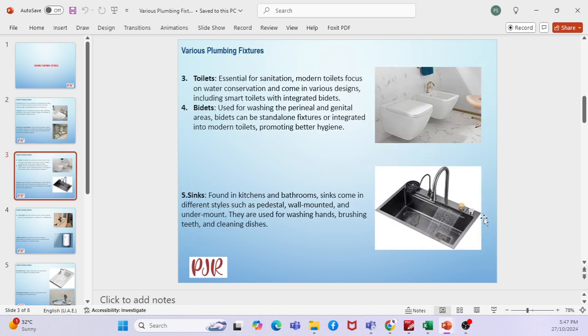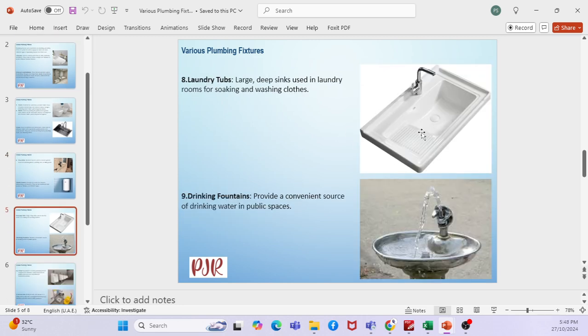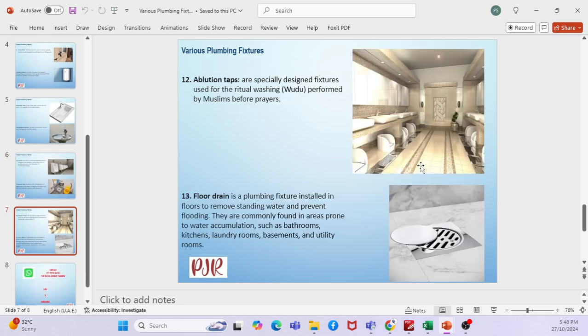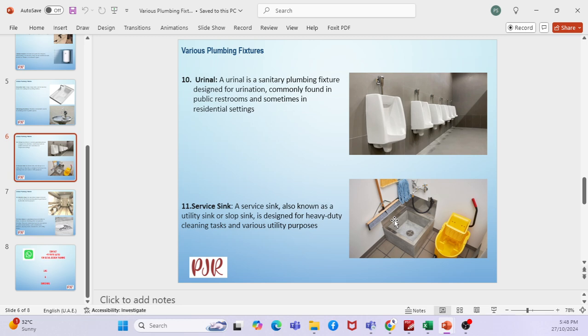You have various plumbing fixtures like the WC. This you can find in your project, in your architectural drawing: sinks, hose bibs, water heater, laundry tubs, drinking fountains, urinal, service sink, ablution taps. You can see the floor drains. So here you have different types of fixtures.